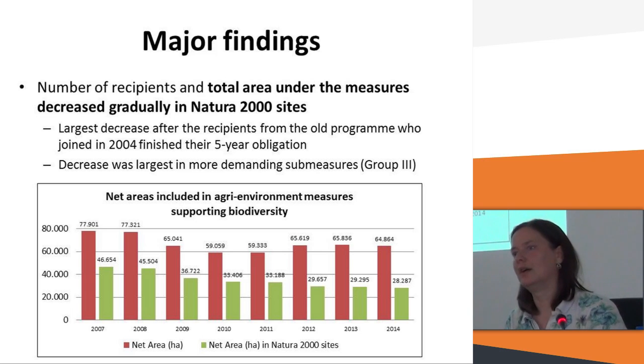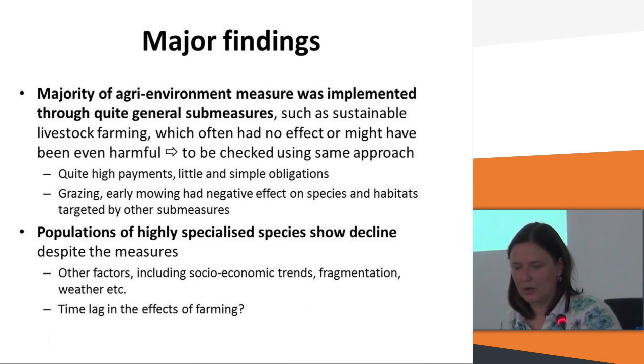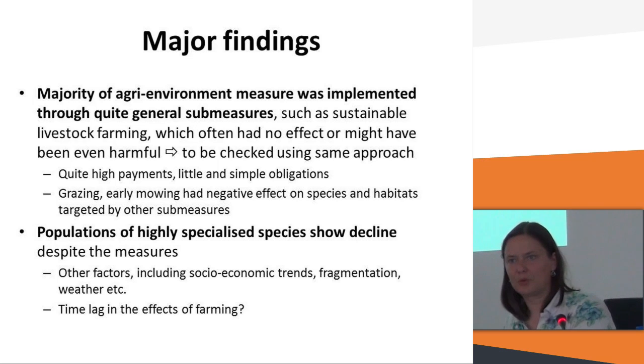So people preferred to make a general submeasure, where there's less money but also less obligation, and they can sleep more easily. So there are also some submeasures that could have even harmful effects, for example, sustainable livestock farming, which could actually decrease the quality of meadows where it was implemented.